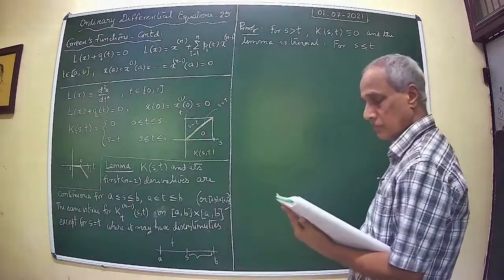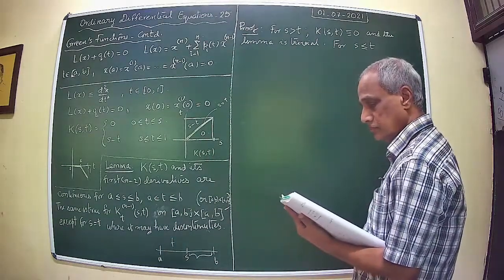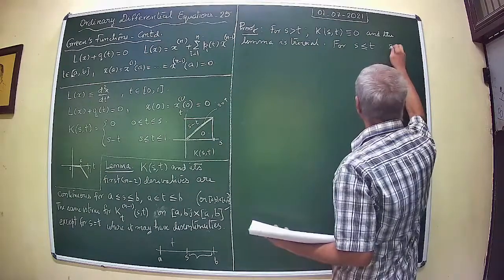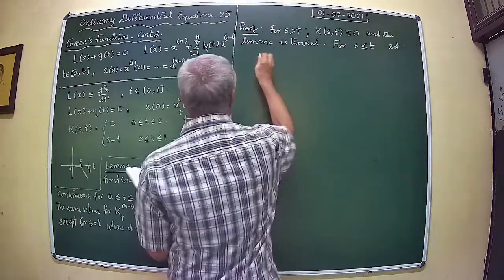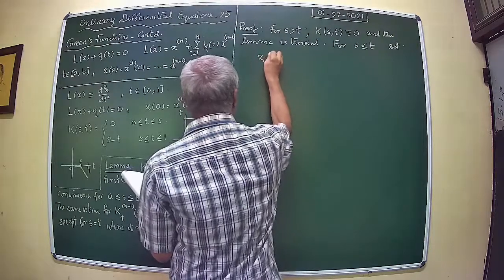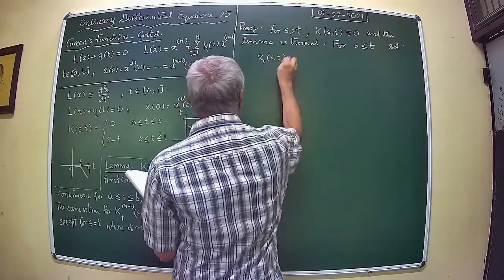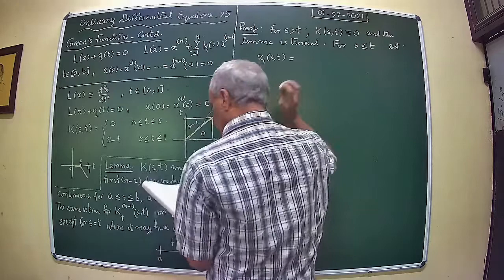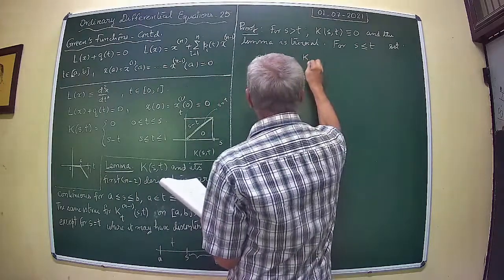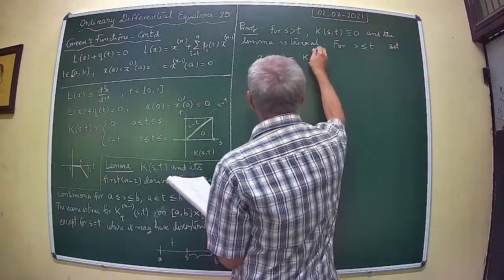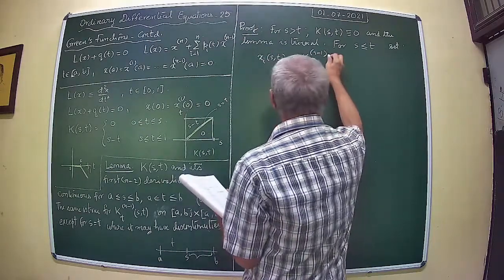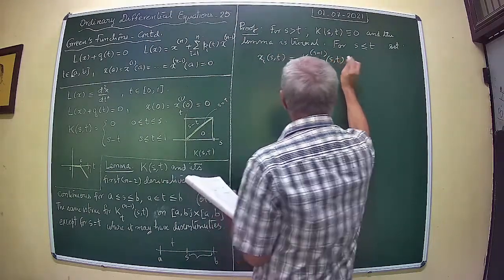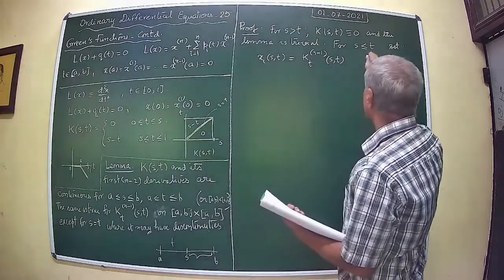Set the derivative with respect to t of the i minus first derivative.